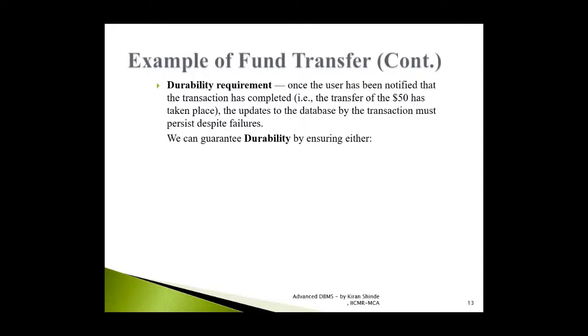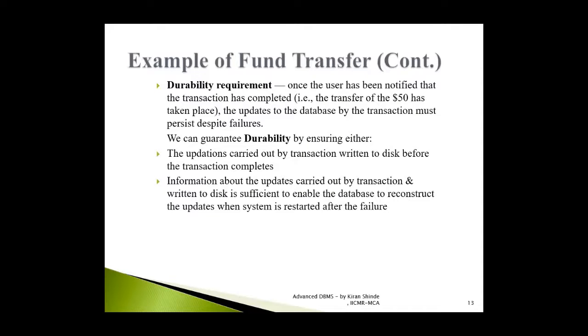Now let's see the same problem in order to understand durability. The durability requirement says once the user has been notified that the transaction has completed, meaning the transfer of $50 has taken place, the updates to the database by the transaction must persist despite failure.